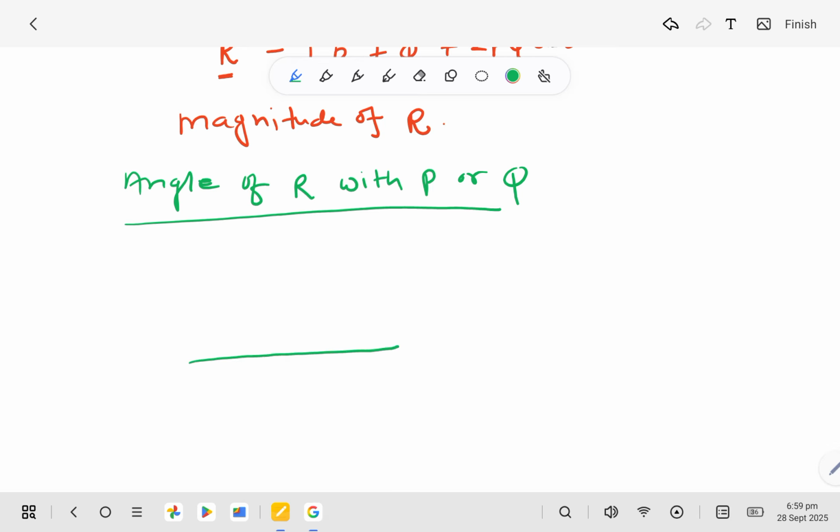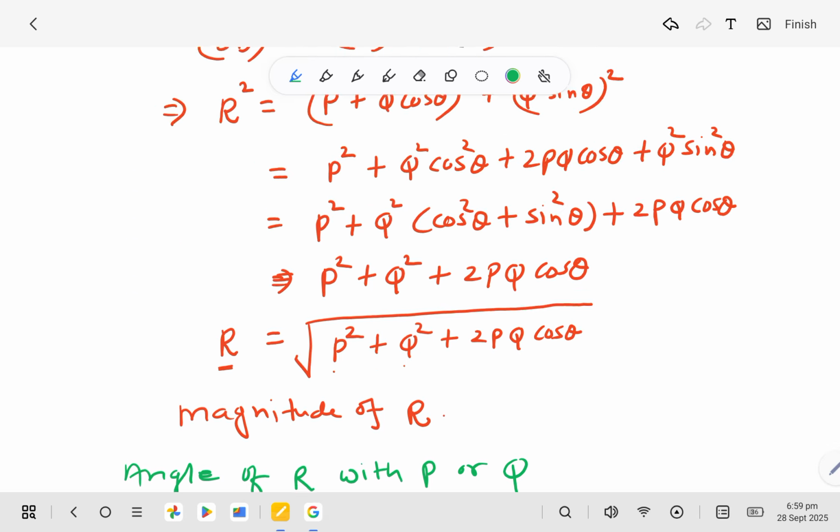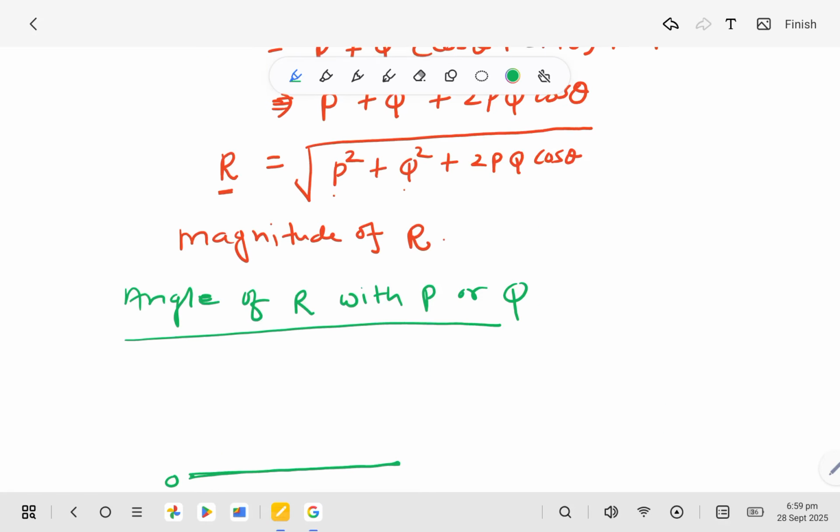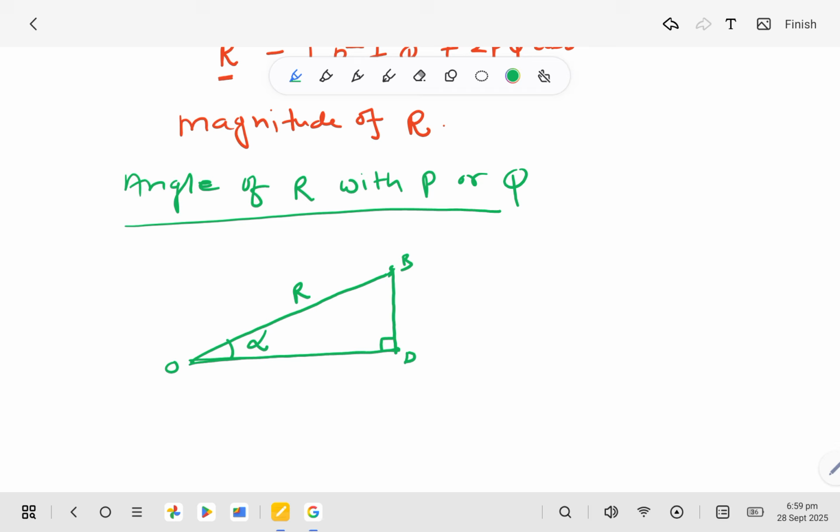Okay, so O, D. Okay, this is R, this is B, and this angle between R and P, this is A here.